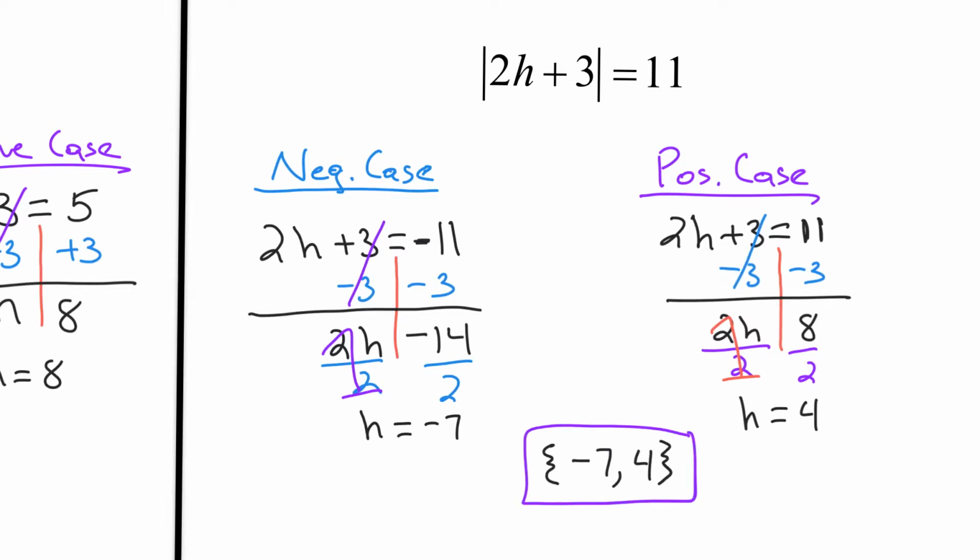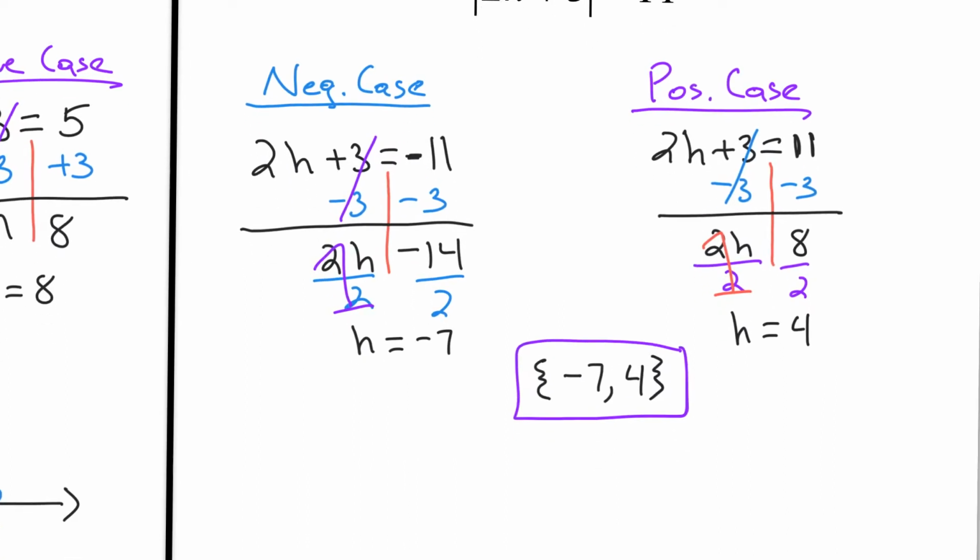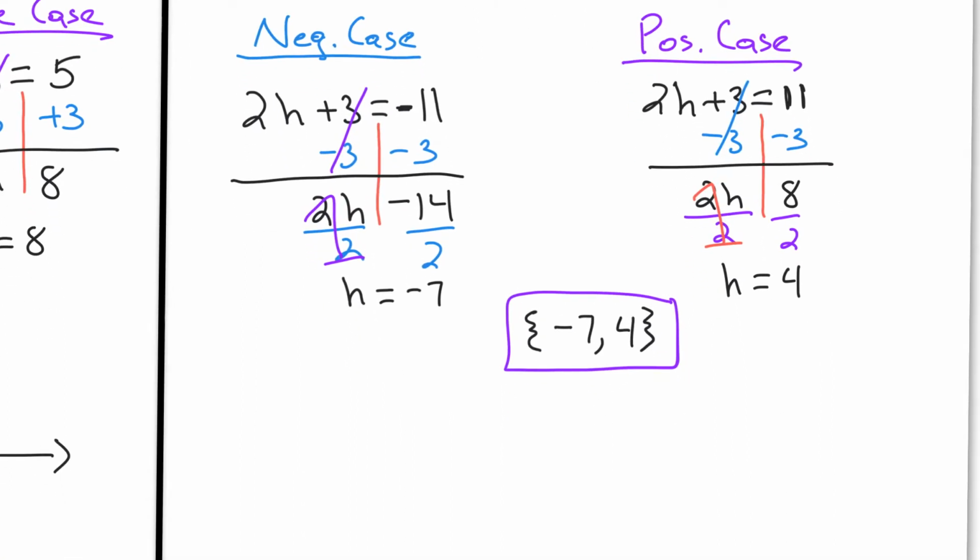You have two answers, -7 and +4. Now you are going to graph your solution. So you will have your number line here, and you have your 0 in the middle. I'm going to say -7 is about right there. I'm just going to estimate. So I'm going to make a dot on top of the -7.